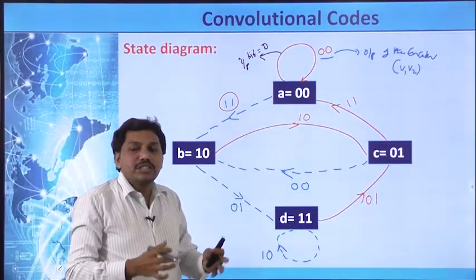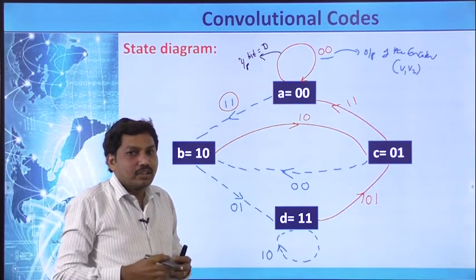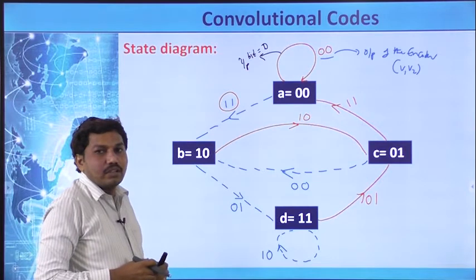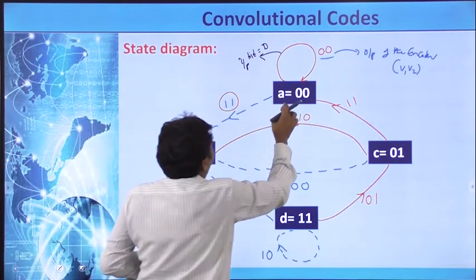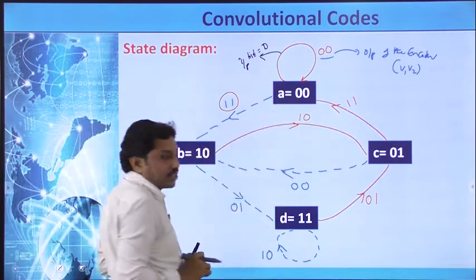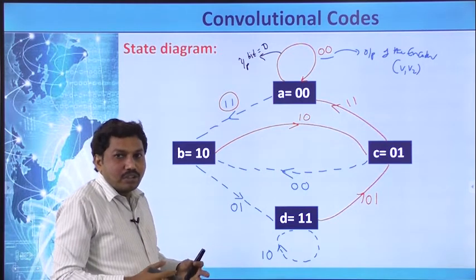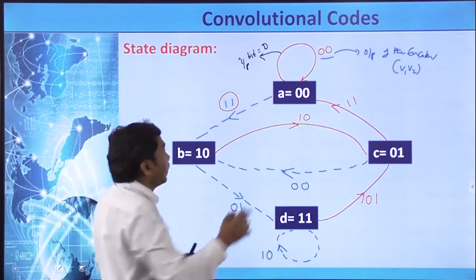So the conclusion statements from the state diagram are: A, B, C, D are nothing but the states, and the transition from one state to another state is represented by the branches. When the input to the particular state is 0, the branch is represented with a solid line.